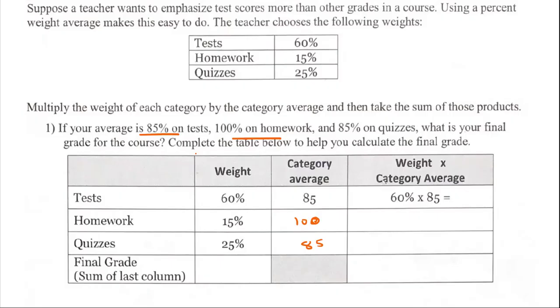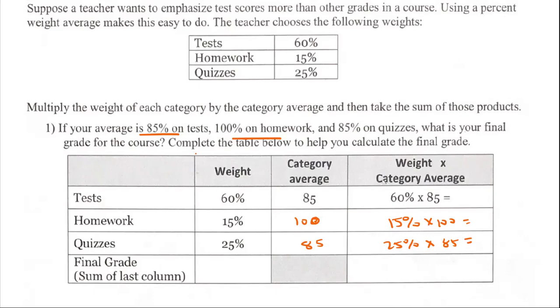So what we need to do is multiply the weight by the average. In this case, we'll have 15% times 100, and here we have 25% multiplied by 85. Once you have this down, you need to convert that percent to a decimal.